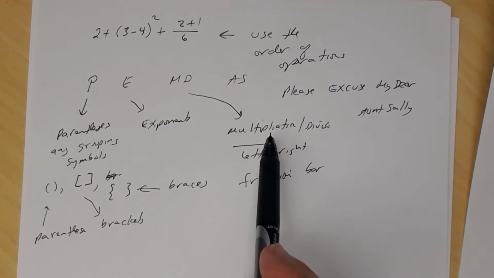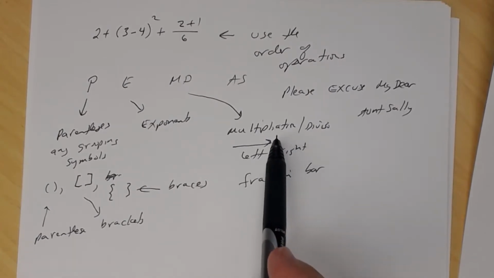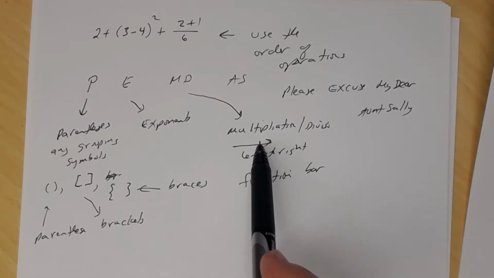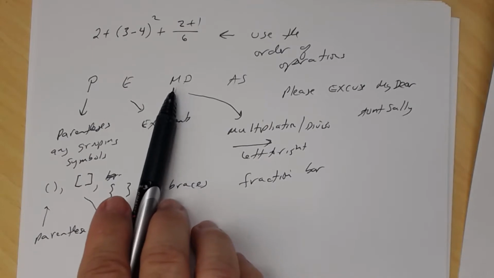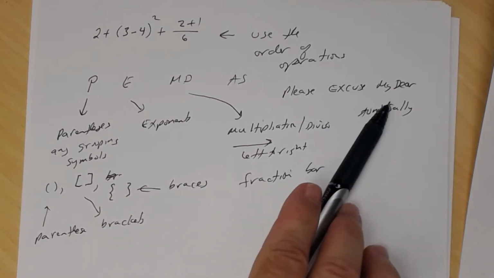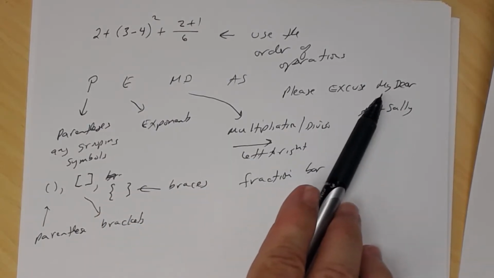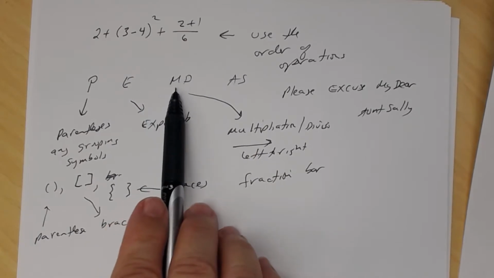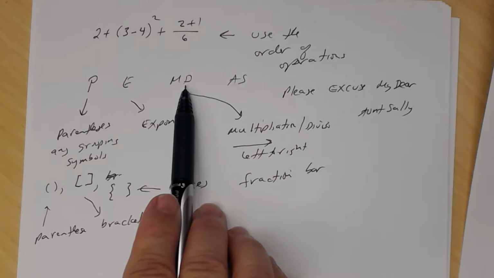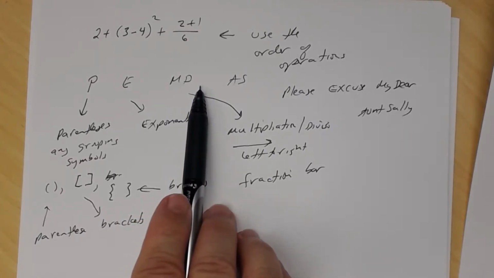If you come across division first as you go from left to right, or if you come across multiplication first, you do that operation first. Now this does not mean you do multiplication first all the time. The M here is only listed first because of our wording, please excuse my dear Aunt Sally. What that means is that as you go from left to right, whichever multiplication or division you see, you do that first.